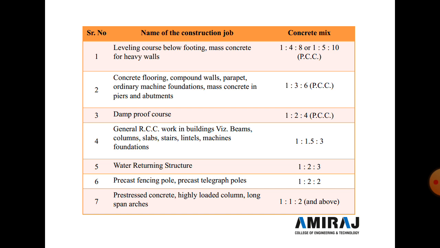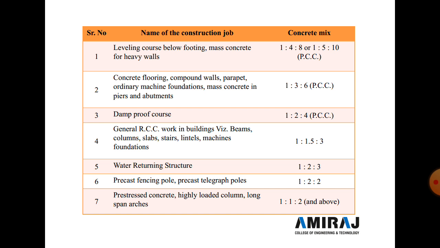Now general RCC work in a building with beam, column, slab, stair, lintel, machine foundation, etc. Here a minimum concrete mix of 1:1.5:3 is required. Now a water retaining structure is one type of construction job.